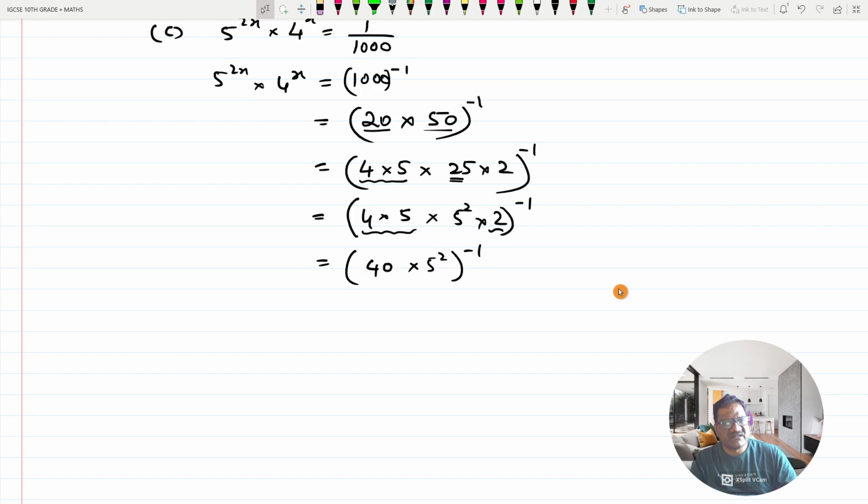Now this 40 I'm going to write as 4 into 5. 4 fives are 20. Now something is missing out. I want in terms of 4, right? Or rather, if I'm not getting 4, well and good. Then let me stick to this only.